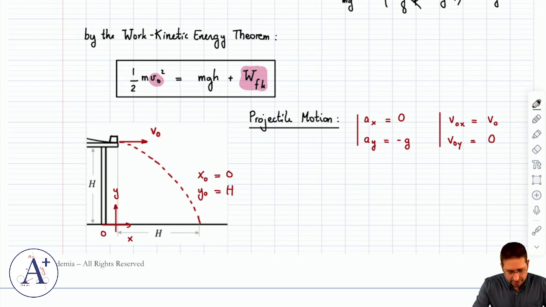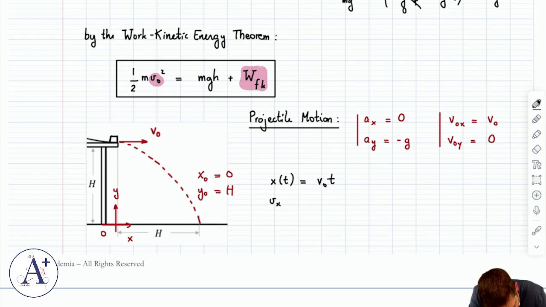So I can write my kinematic equations. I can write that x of t is 1/2 ax t squared, that's 0, plus v naught x, which is v0 t, plus x naught, which is 0. Vx of t is just going to be v0.